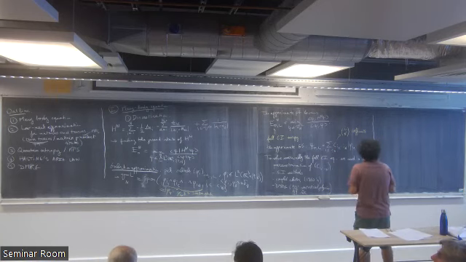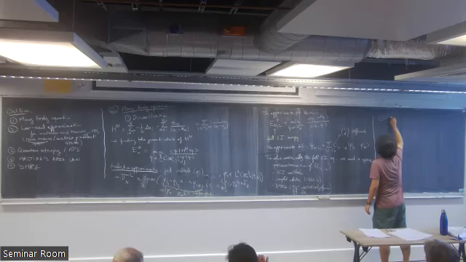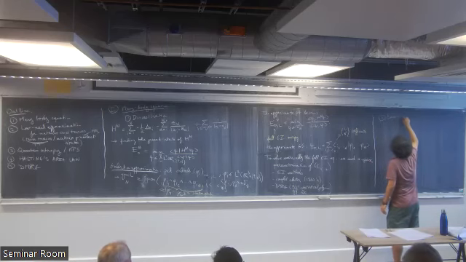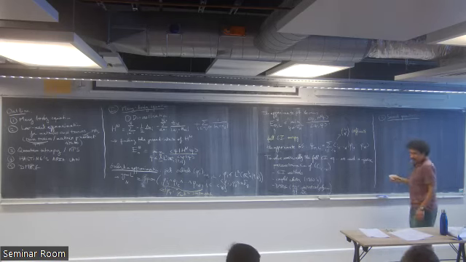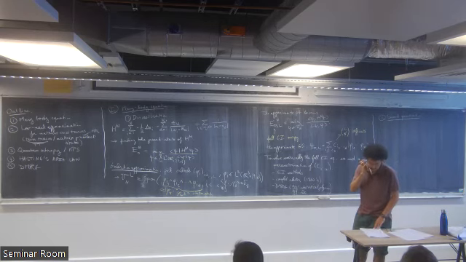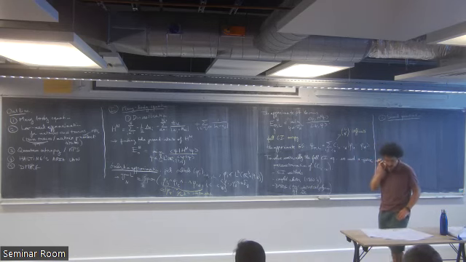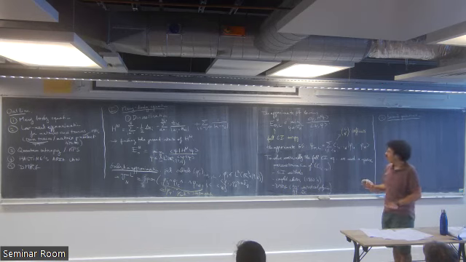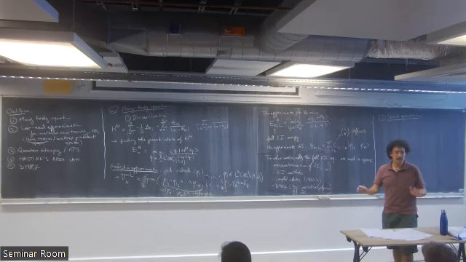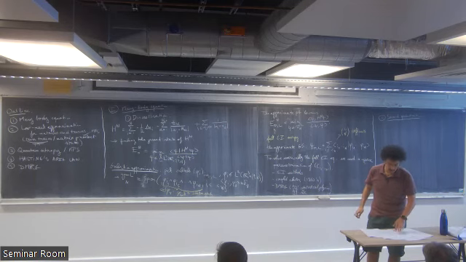Okay, so 2. Second quantization. I think I will be quite quick about second quantization, and I will present the Fock space and the creation annihilation operators, I will write them, but without commenting too much.